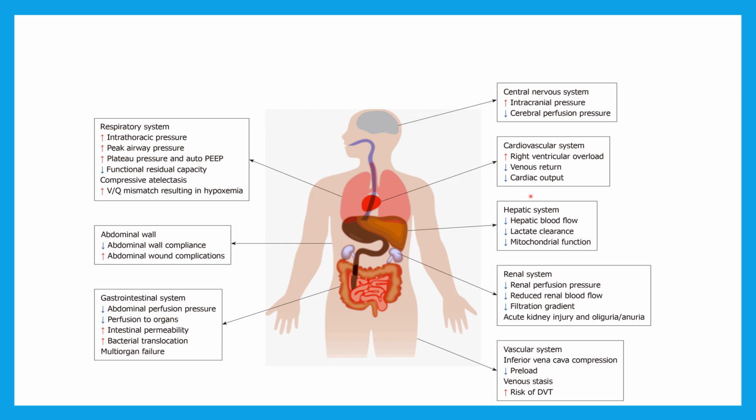Then the cardiovascular system will have increased RV overload due to the lung problems we mentioned before, and also due to decreased preload and venous return. So less filling, more afterload to the RV, so a more failing heart and less cardiac output. And the CNS can also have increased intracranial pressure and decreased cerebral perfusion pressure.